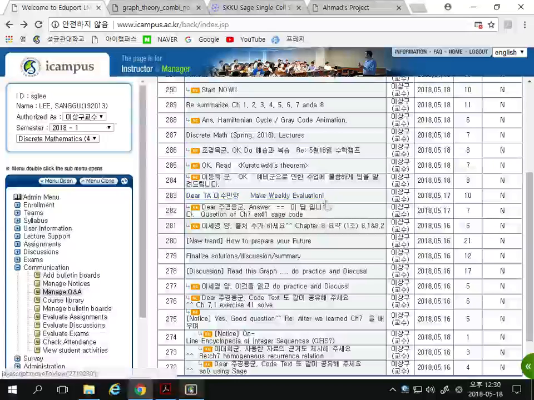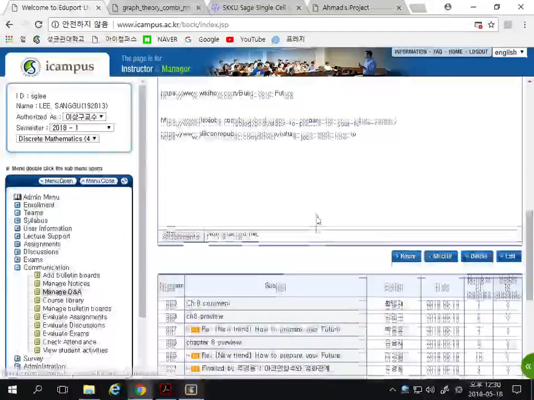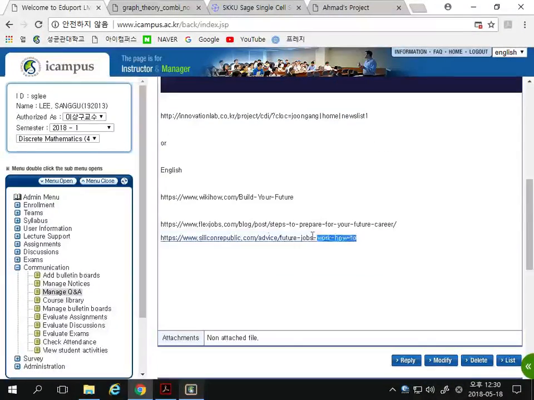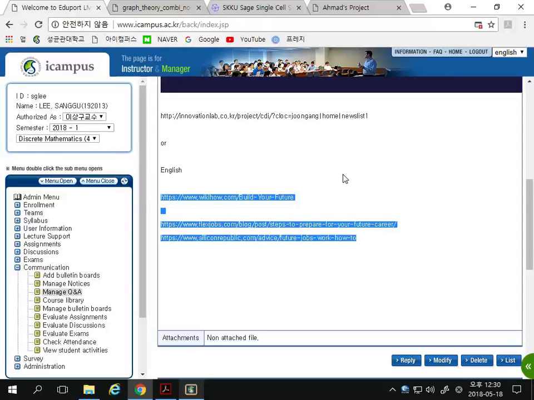You have to learn those while you are in school. And sometimes I added some reading materials, and I expect this is a part of this learning experience in our class.